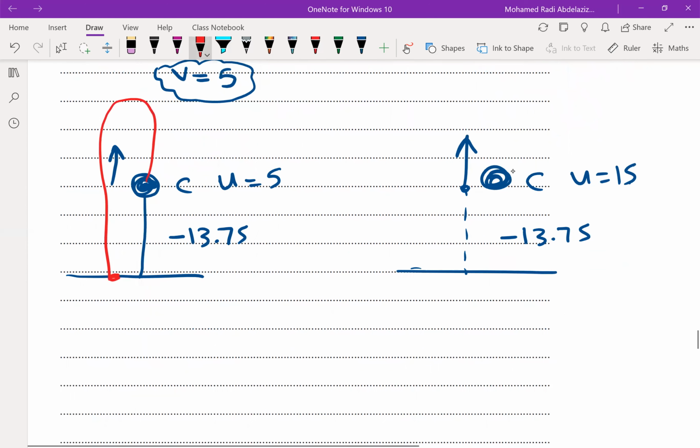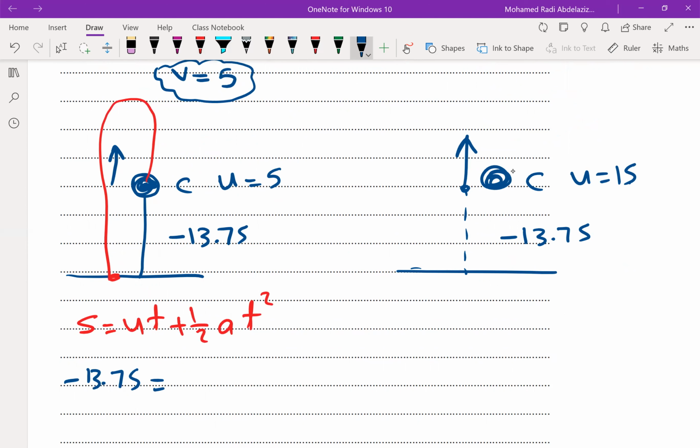We can use s equals ut plus half at squared. The displacement is -13.75 is equal to, initial velocity is 5 times t, plus half, the particle moves up so the acceleration is -10, t squared.